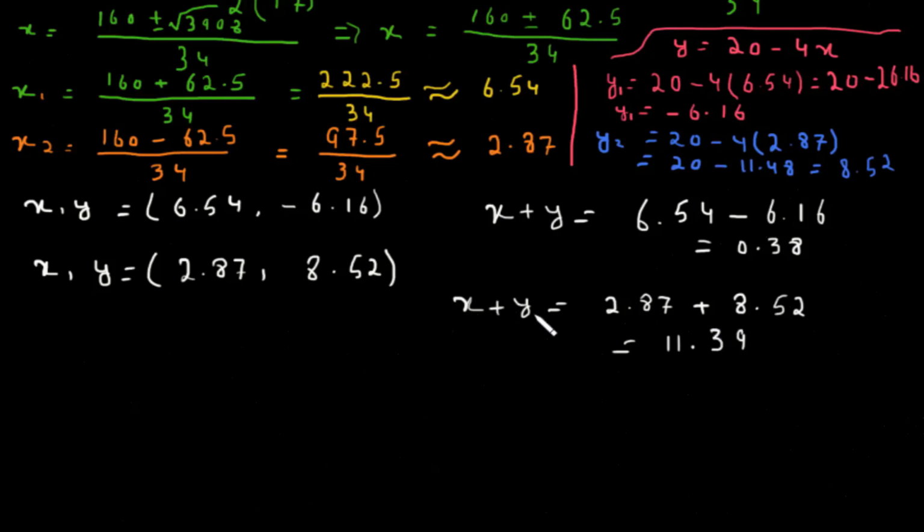So x plus y has two possible values, that is 0.38 and 11.39. Remember that while calculating these values, we have used the symbol for approximation. So this isn't the exact value as we usually get in our other equations. We have approximately found these values. So the values of x and also these values of y are approximate values.